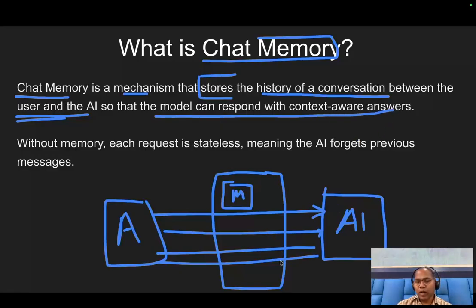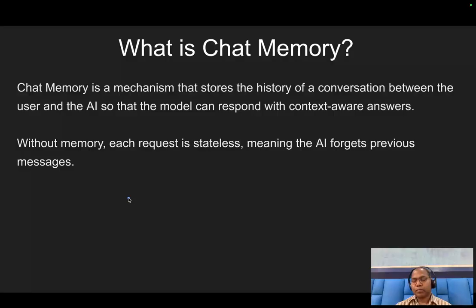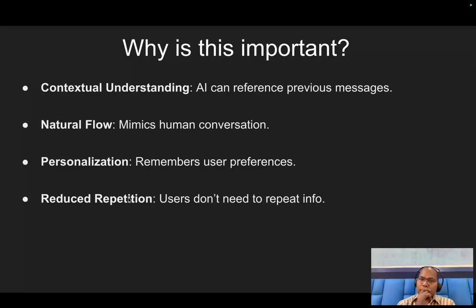So whenever you ask any next question, our Spring layer puts all the context in the prompt so that the AI is aware of our context and responds accordingly. This is very good knowledge, because without memory, each request is stateless, meaning that the AI forgets the previous responses. So what is the importance of this chat memory?